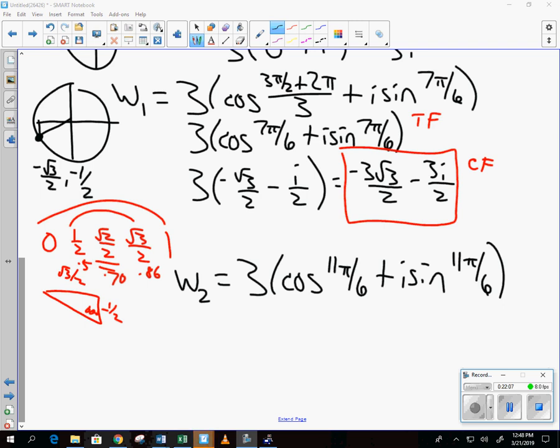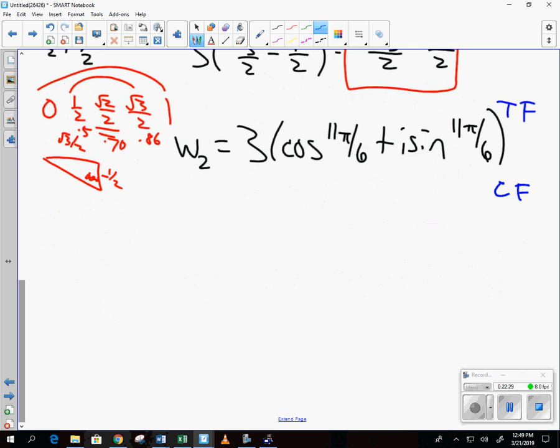Yep, exactly. Then you locate that terminal point. Now we're in the 4th quadrant down there, and you've got positive root of 3 over 2 and negative 1/2. So I've got trigonometric form, and then I finally have here complex form.